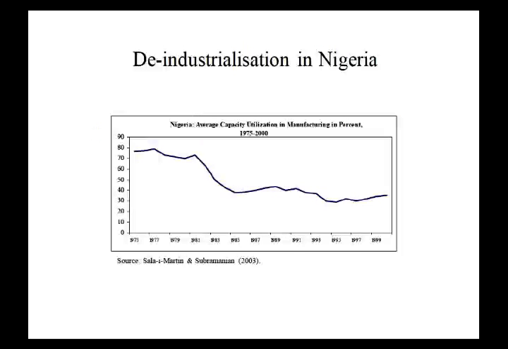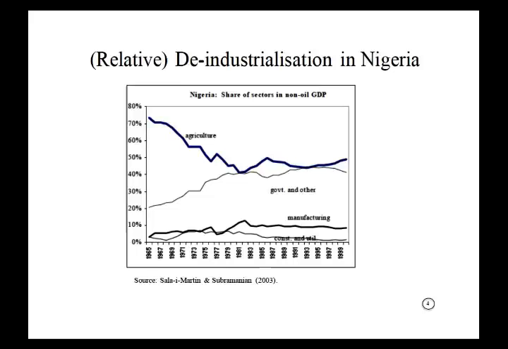Now let's look at this in the case of Nigeria. Nigeria shows you that during this time you had a problem of manufacturing here. The Nigerian firms were producing way lower than their capacity. This means that they were not very competitive. Nigerian manufacturing sector was not very competitive. And you could see the effect of this relative deindustrialization.